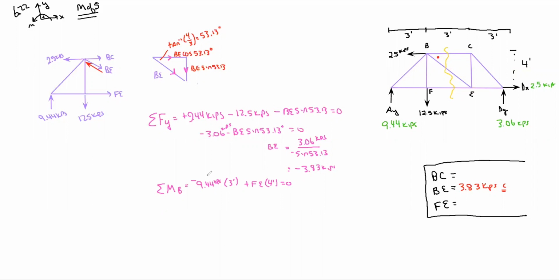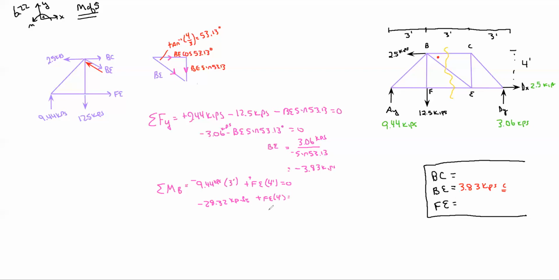If we're rotating about point B and pulling to the right at F, that'll cause a clockwise rotation, which is positive. Taking a look at the arithmetic, 9.44 times 3 is 28.32. It'd be negative 28.32 kip feet plus FE times 4 feet.